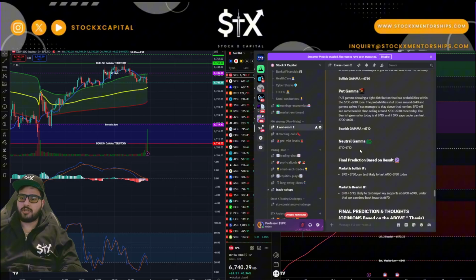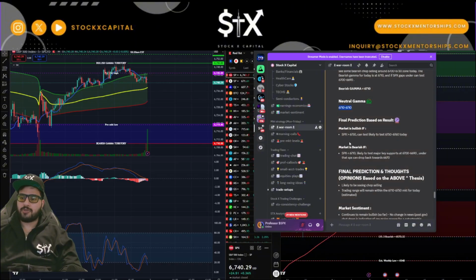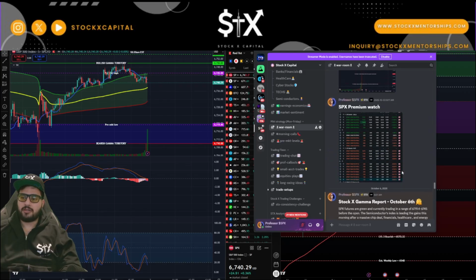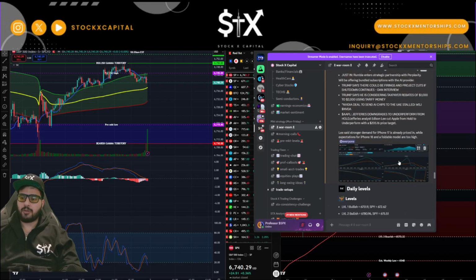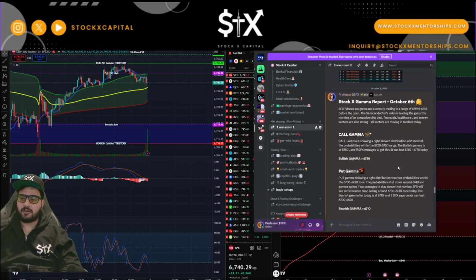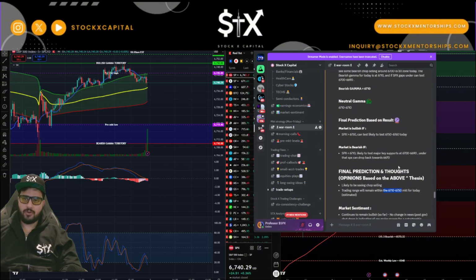Going into the details, the key trading range we had set up was that the market would likely trade in the 67.10 to 67.50 range. The distribution for probabilities looked exactly the same as it did on Friday. So we had a good understanding of what this market was looking like.